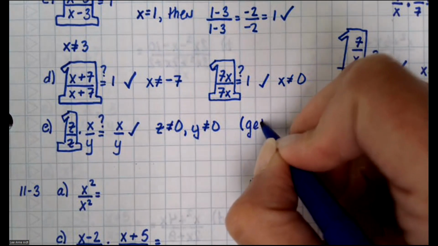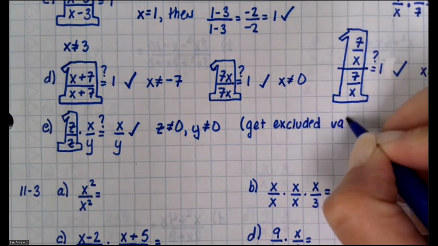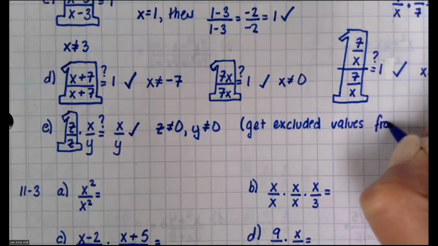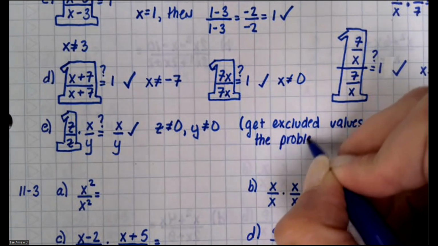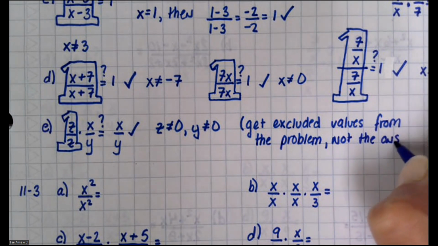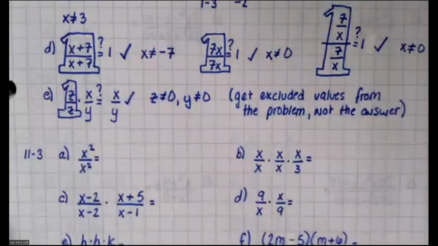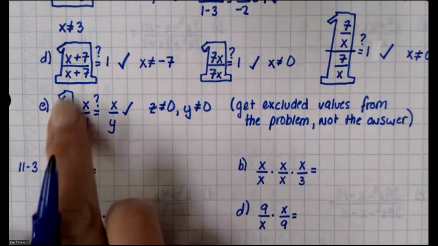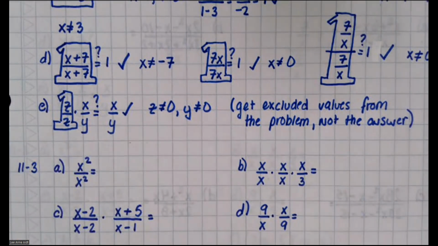We're going to write a note: get excluded values from the problem, not the answer. Why does that matter? Because sometimes we're going to cancel stuff out just like we did here, but Z is still a fraction, and so it still has an excluded value of 0.